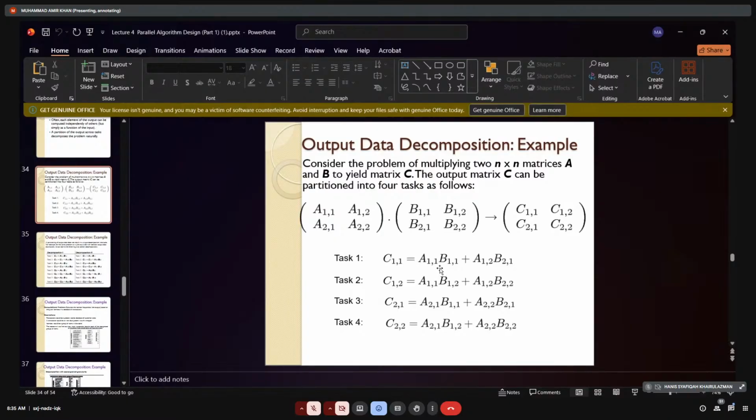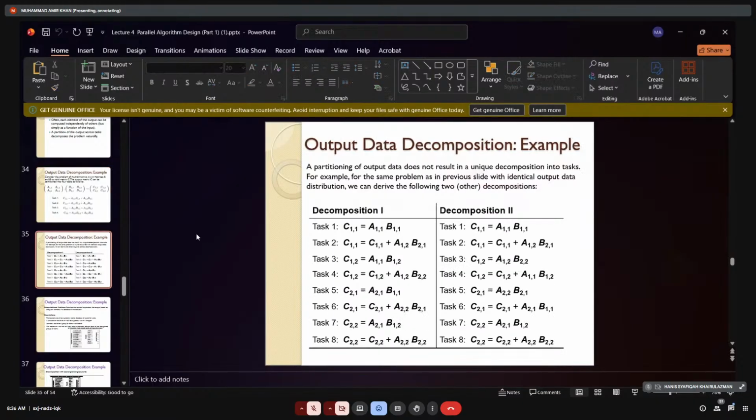Third step only A11 B12, and the result will be stored in C12, and fourth step C12 equals C12 plus A12 B22. So we can solve this into 8 tasks, either this way or that way, same thing.